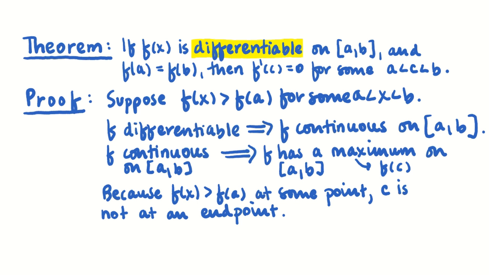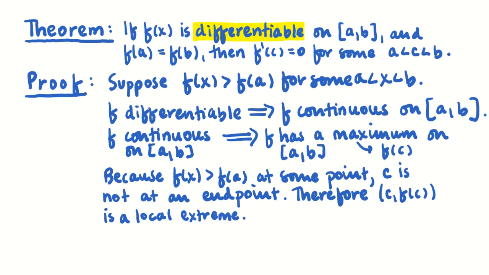And since the value of the derivative at a local extremum is always either 0 or undefined, I know that the differentiability of f throws out the possibility of undefined.